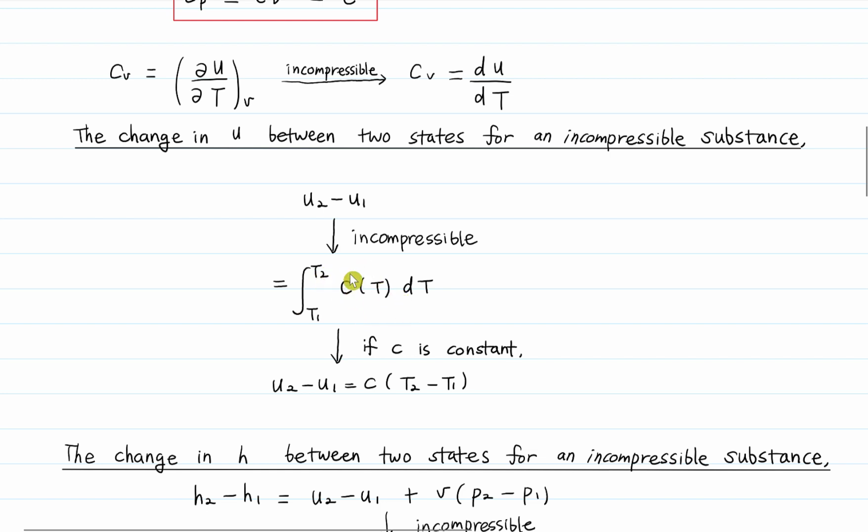If the specific heat is assumed to be constant, then the change in internal energy between states 1 and 2 equals specific heat times the temperature difference between the two states. Specific heat may be assumed to be constant unless the process occurs over a wide range of temperature.